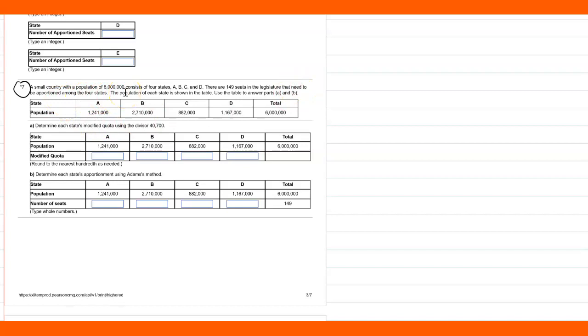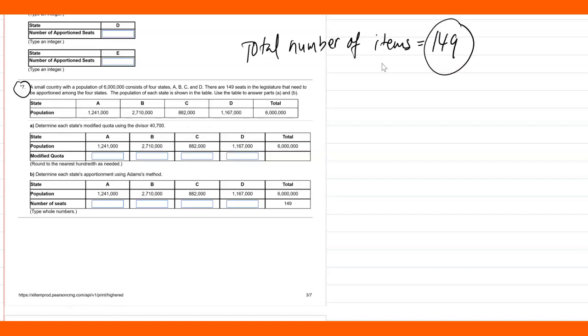Therefore, you guys see the total number of items here is going to be 149, right? That's what we want to divide. Need to be apportioned. Okay.